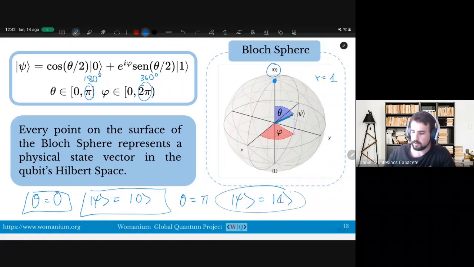So you get this 0 and 1, and it will be this point at the bottom, with theta equals pi.